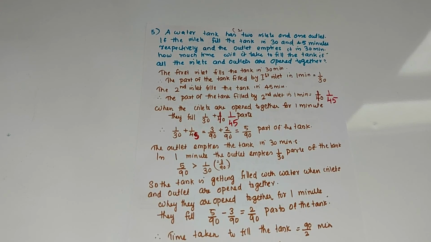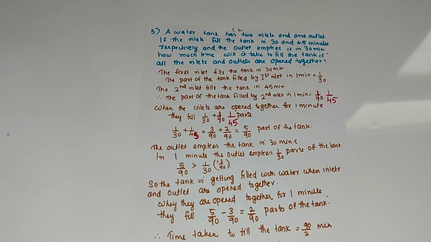So the time taken to fill the tank is equal to 90 by 2 minutes, which is equal to 45 minutes. So if both inlets and the outlet are open together, the time to fill the tank is 45 minutes.